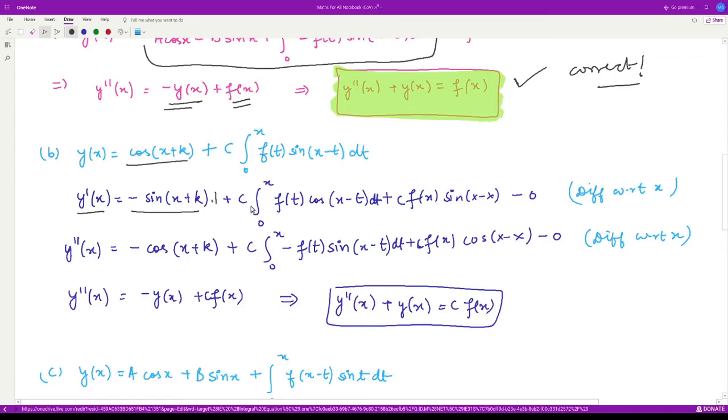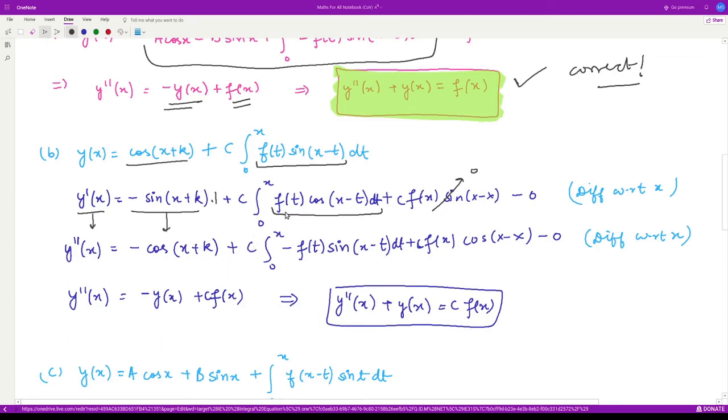Plus c as such, integration from 0 to x, the derivative of this term with respect to x would be this, and plus the derivative of the upper limit, c into the derivative of the upper limit, which would be 1, and this whole term replacing t with x, so we have this term. Now sine of 0 is 0, so this term becomes 0. Again differentiate them. We'll have y double dash x, and it would be minus cos of x plus k.